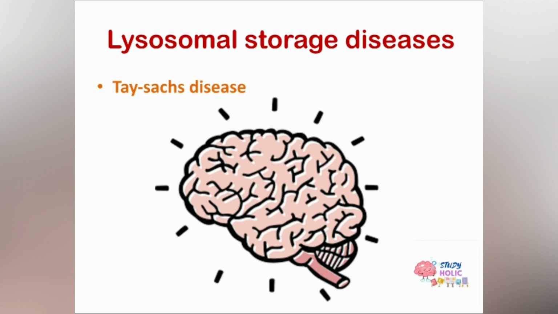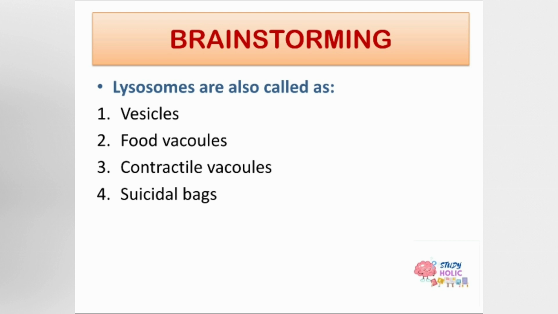Because due to the absence of lipid digesting enzymes, the lipid starts accumulating all over in the brain, and when there is an accumulation of lipid in the brain, the brain becomes impaired, and this results in Tay-Sachs disease. I'm not going to go into further details of the signs and symptoms of Tay-Sachs disease because it's not a requirement at this level.